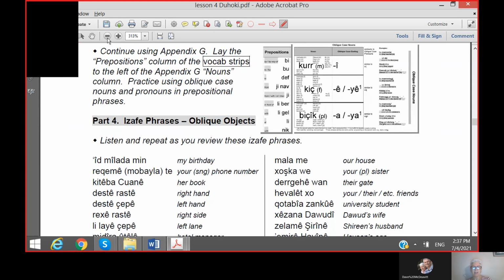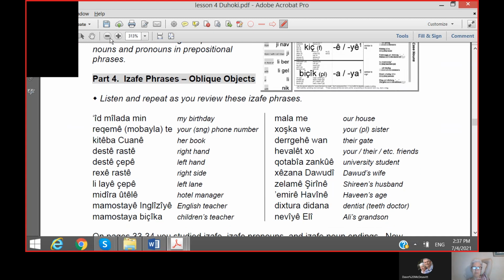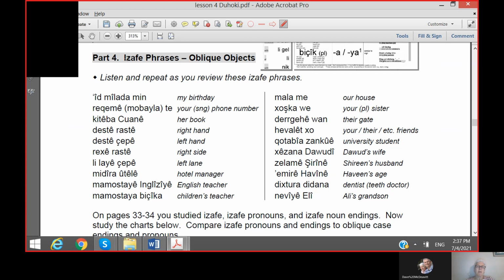Okay, practice that. Pause the video, take a break, and then come back and we'll carry on. All right, part 4, we're going to use oblique case objects with izafe phrases.